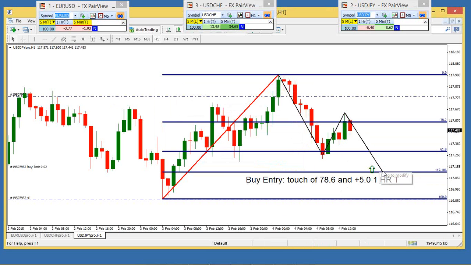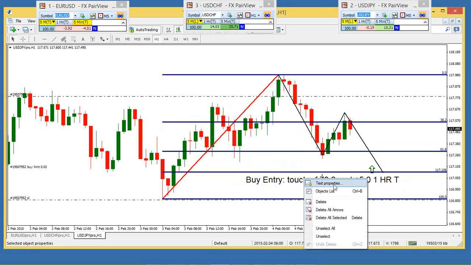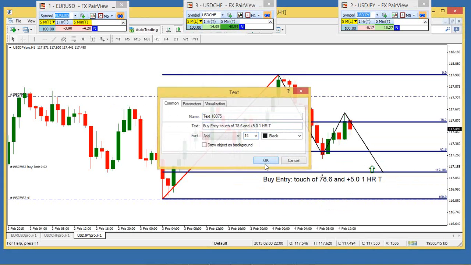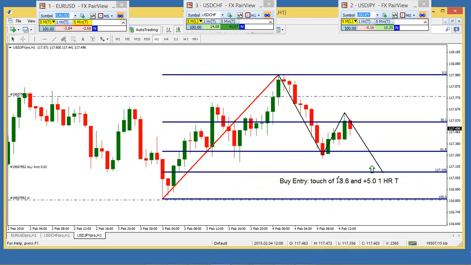So when it gets down to like the ask being at about 117.136, that could give you an opportunity to buy it. Let me decrease the font size just a little bit so that I can put that in there. And then our stop, this is what we like, would be right below this low at 116.857.